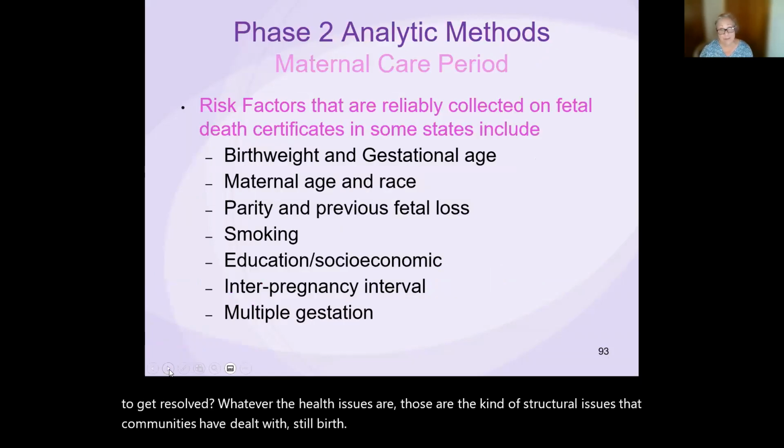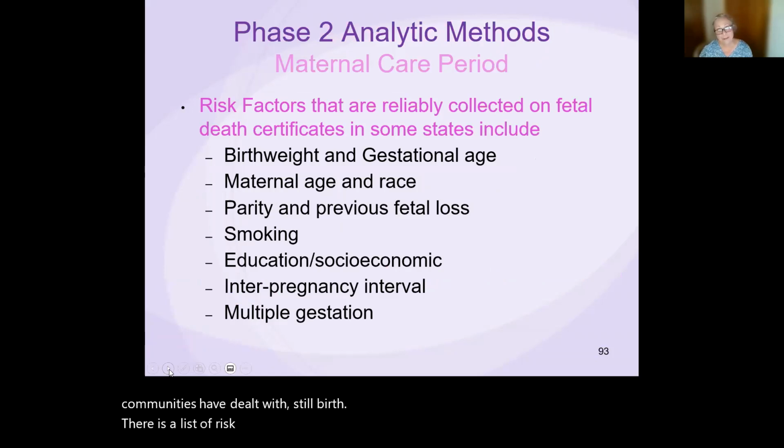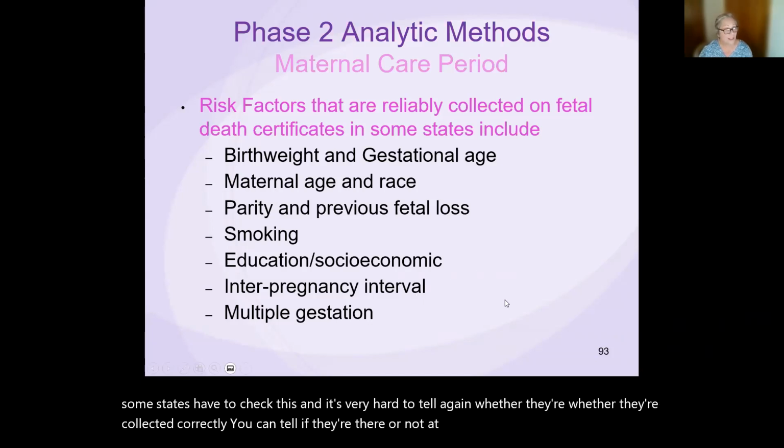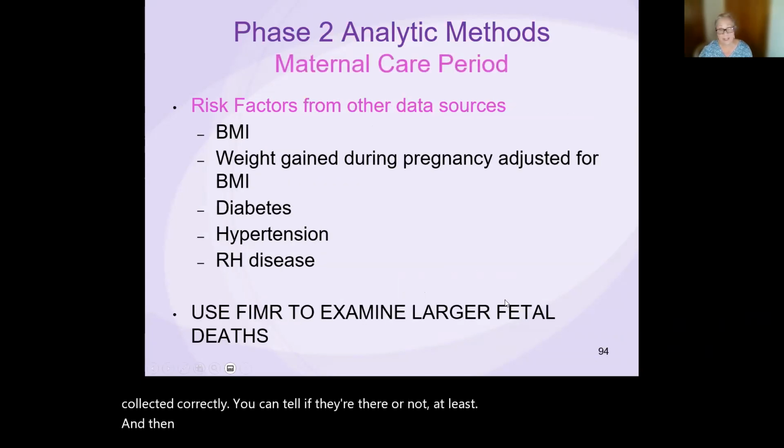There's a list of risk factors that are fairly reliably collected on death certificates, at least in some states. You have to check this, and it's very hard to tell again whether they're collected correctly. You can tell if they're there or not, at least. And then there's also some other data sources that can be helpful.